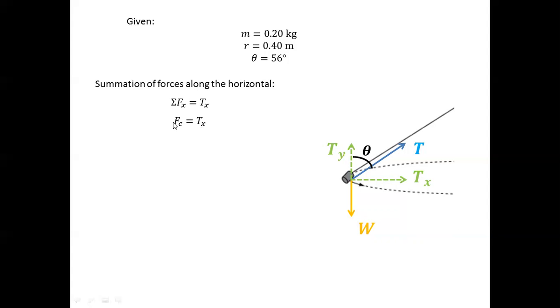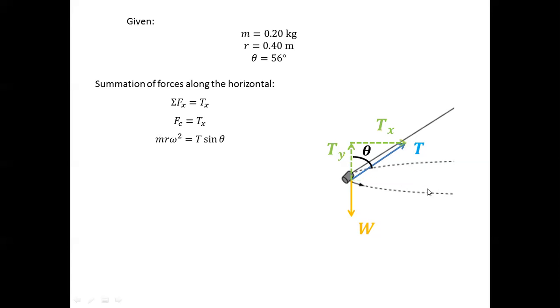And usually we have two equations that we commonly use for the centripetal force. That will be mv squared over r as well as mr omega squared. But since one of the quantities that we are to solve is omega, let's use that expression for centripetal force. So mr omega squared is equal to, now I've replaced T sub x with T sine theta. Why?